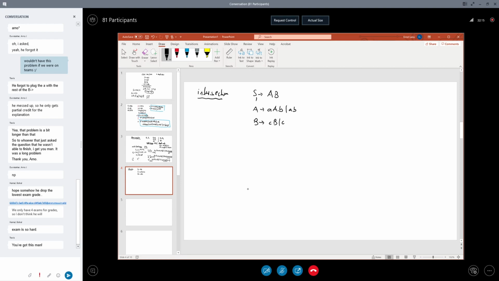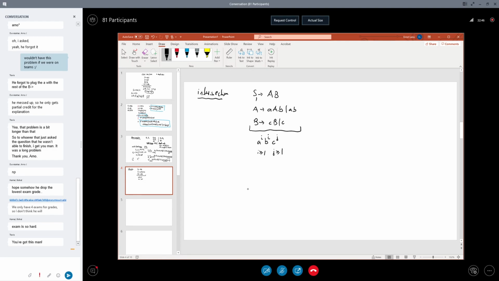So it follows that this grammar generates a to the i, b to the i, with i greater or equal to 1, because we have to have at least one a and one b. And then from capital B, we get a bunch of c's, one or more, because B goes to c. There is at least one. So that is what we get.